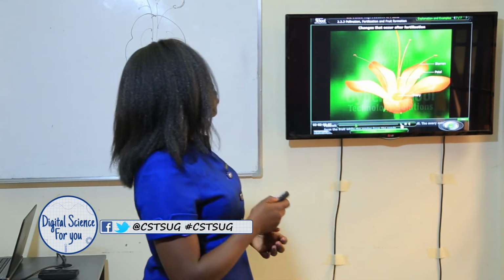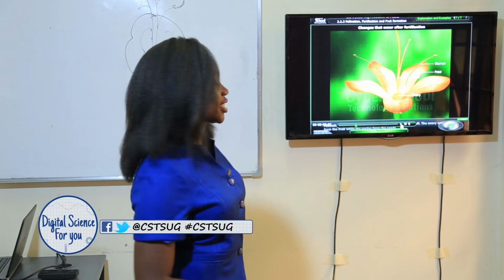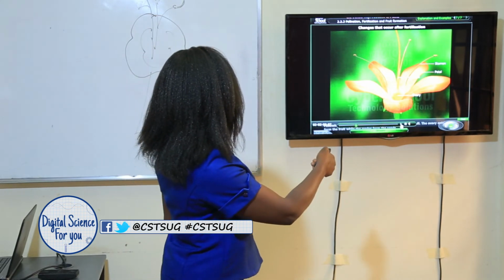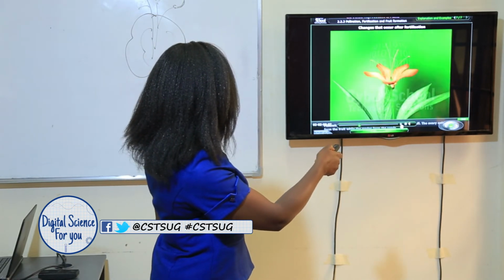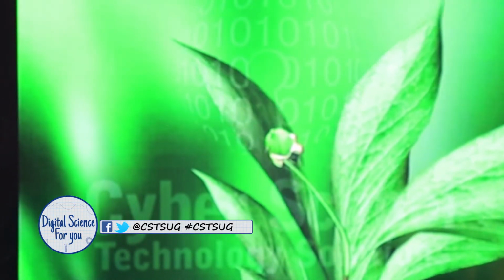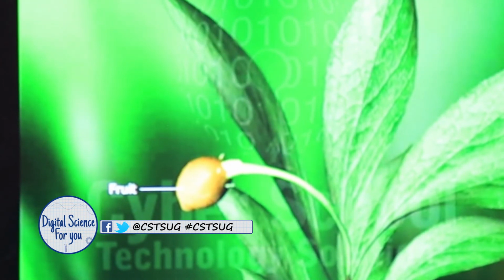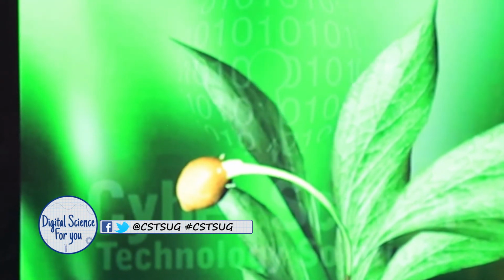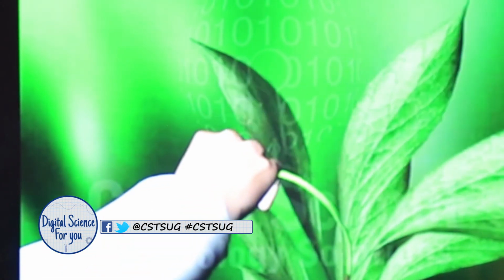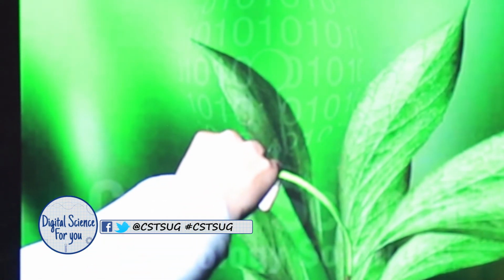This can again be well illustrated using digital science, as you can see. Following pollination, the petals fall off, the style falls off. What was the ovary has now developed into a fruit that you can even pick and eat. That was reproduction in plants.